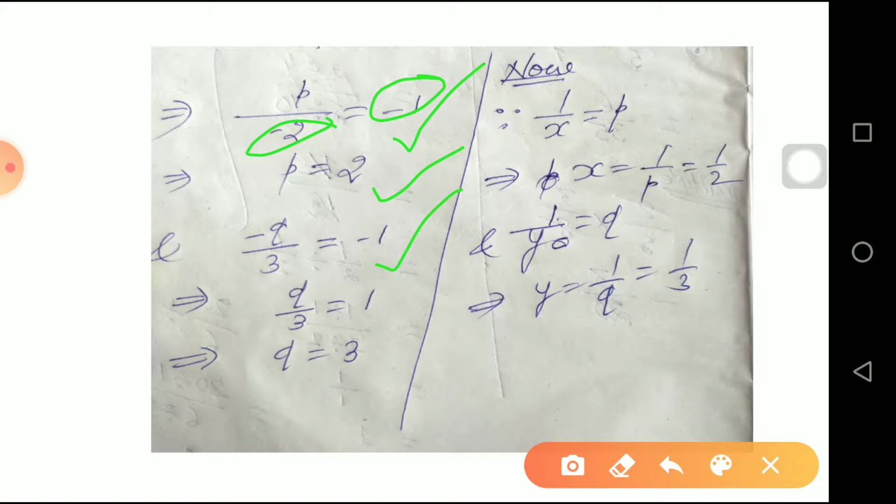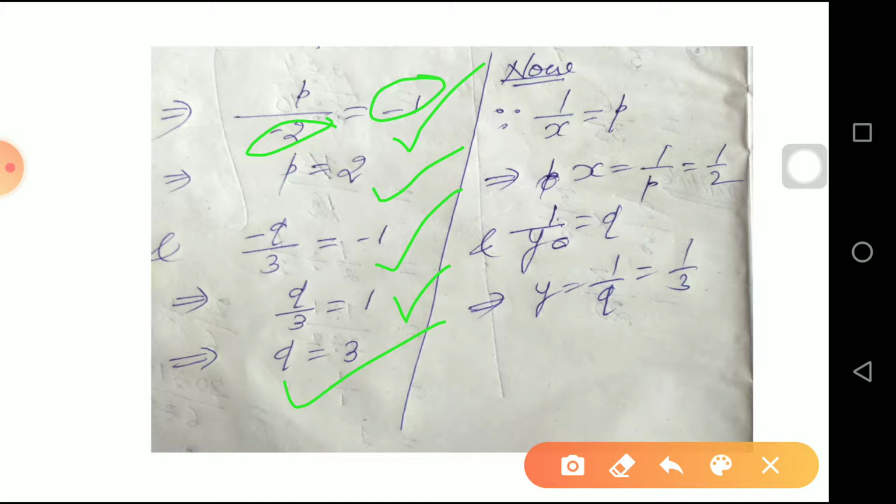In both the sides there are minus signs. If we multiply by minus 1, we will have q by 3 equal to 1. So this implies q equal to 3 into 1, that is q equal to 3. Now we got the values of p and q.